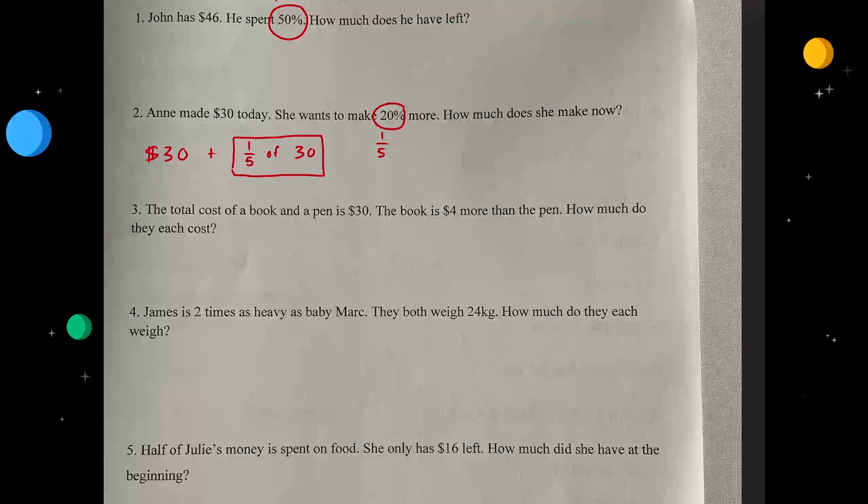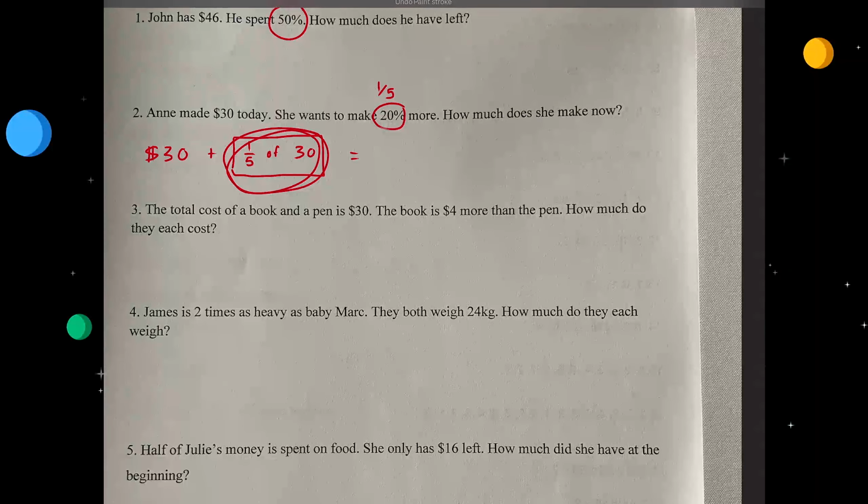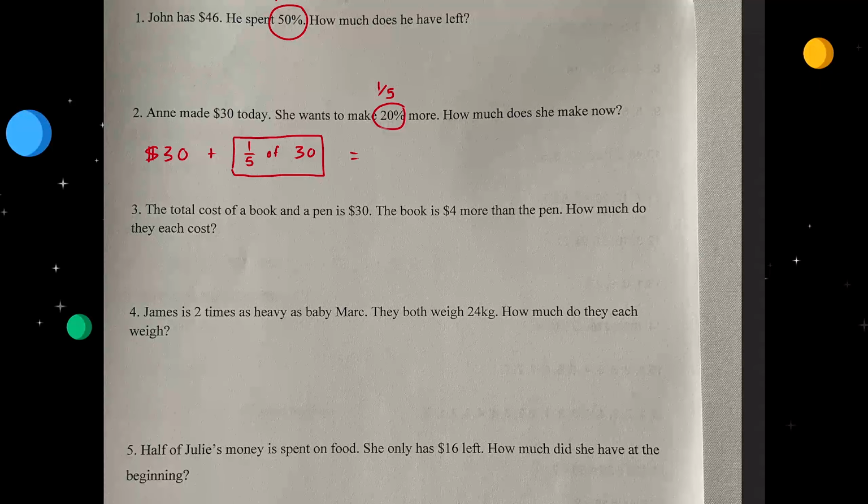And that gives you a total of $30 because a book and pen, the total cost is $30. How much does each cost? Okay, you got this thing plus 4 equals $30.